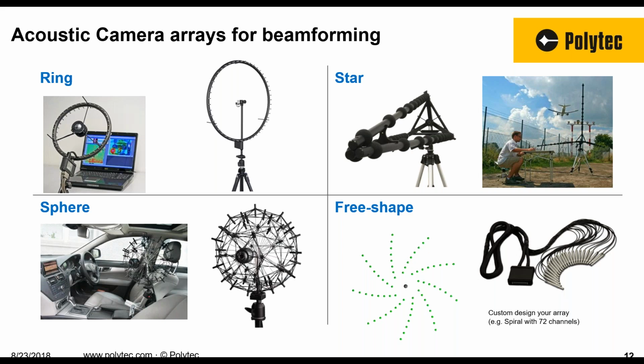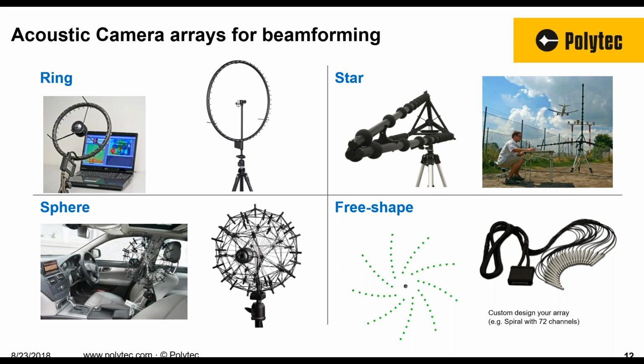Over the years, we've found that this is one of the most applicable to many applications. It is very easy to use, and the side lobe patterns are very helpful in pointing out a source that you may not know where it's coming from.